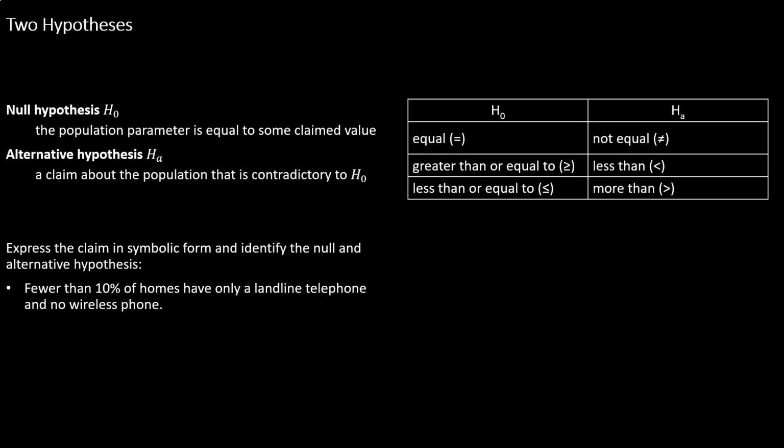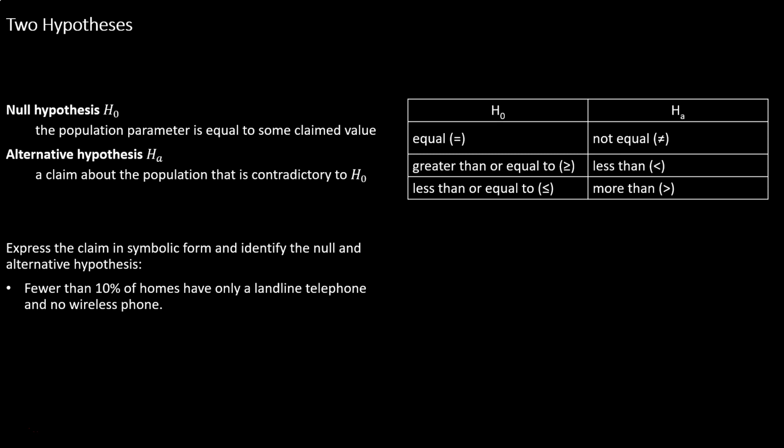Let's try a couple of examples. If we're told fewer than 10% of homes have only a landline telephone and no wireless phone, we have to decide what population parameter the claim is talking about and what value is it being compared to. We're talking about all homes, and we're talking about a percentage of the population of homes.